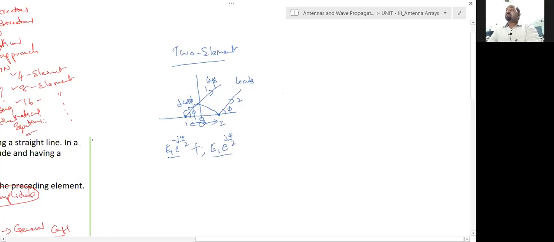But in the n element array, this is the origin. Element 1 is placed at the origin, element 2 to the right hand side at the distance d, then element 3, element 4, and so on, up to element n.